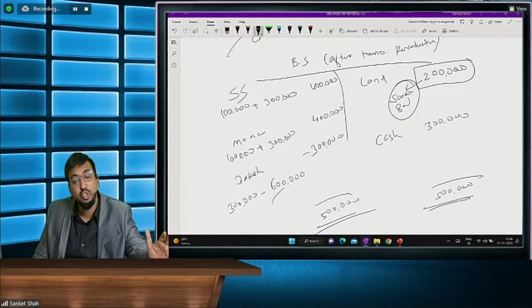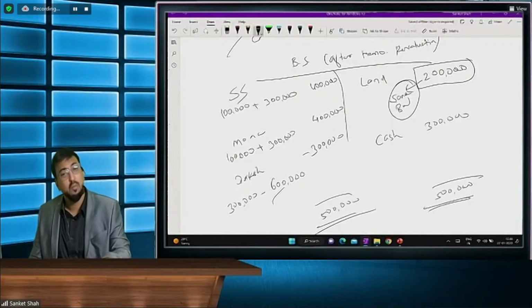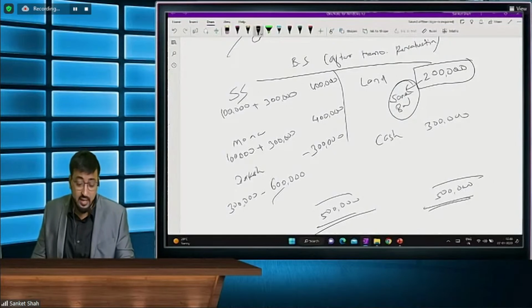If you want to change the book value, go by revaluation account. If you don't want to change the book value, go by memorandum revaluation account. Both options are correct. That is your technique to follow. Both methods are similar. Okay?